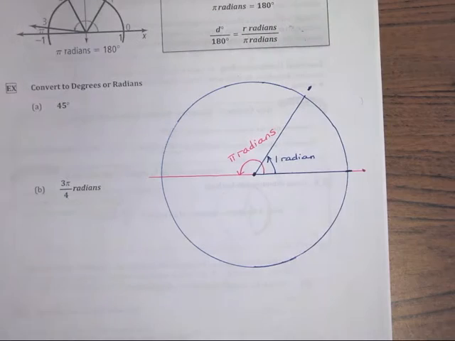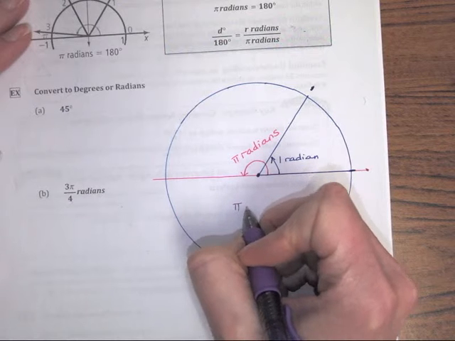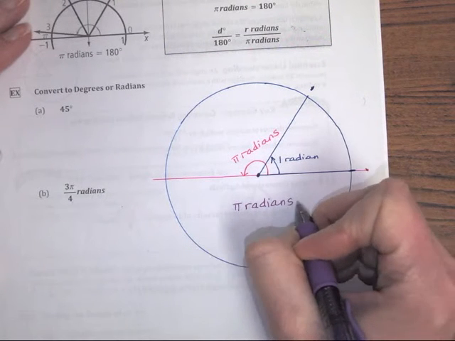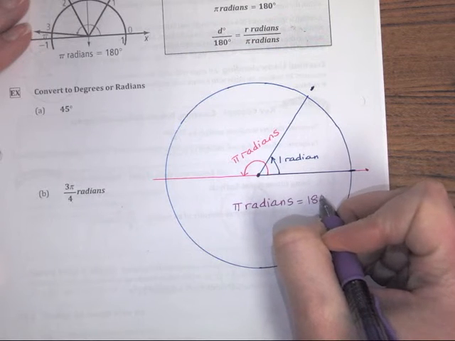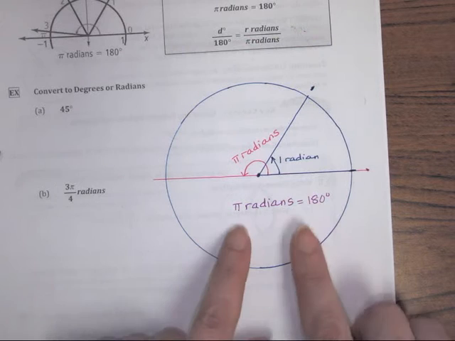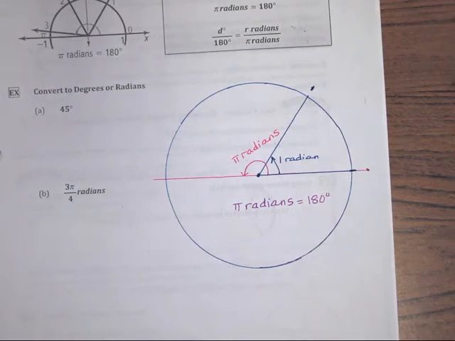Because that half circle is 180 degrees. So this is a truth. So pi radians equals 180 degrees. So this is really cool. We can now convert back and forth between degrees and radians using the fact that pi radians is the exact same thing as 180 degrees.